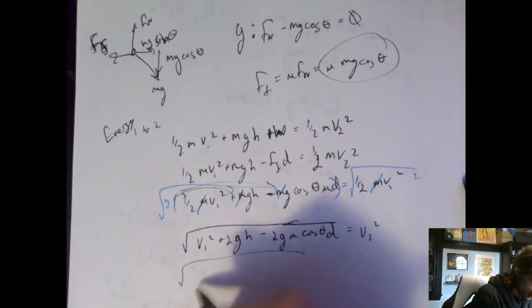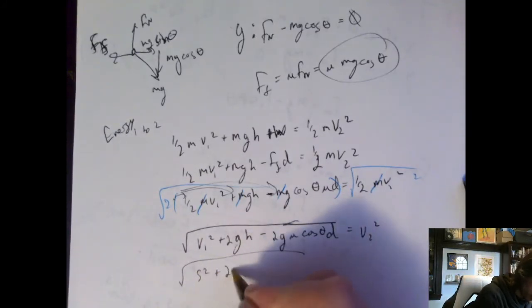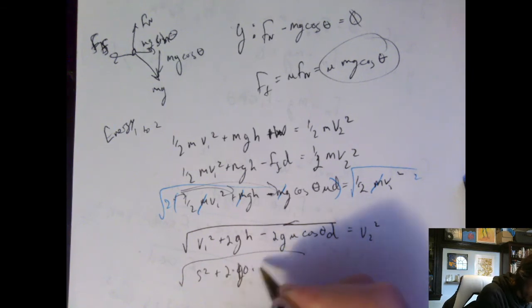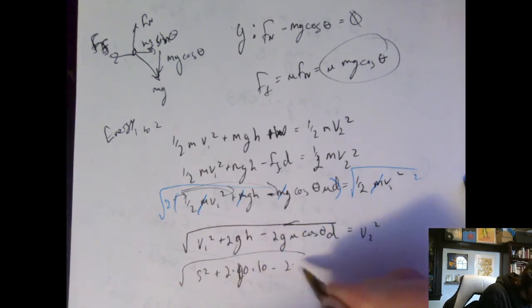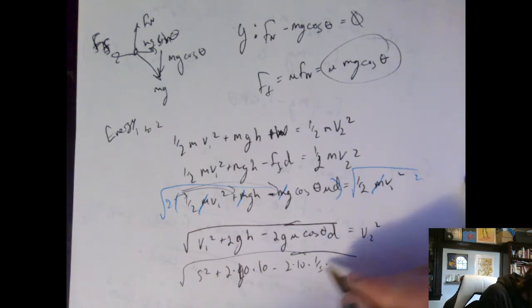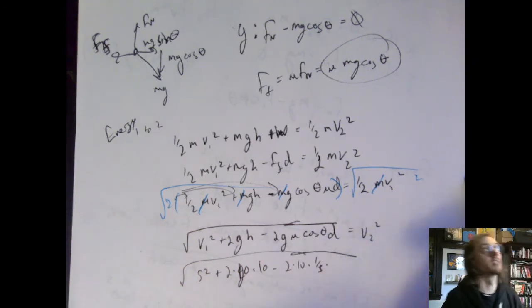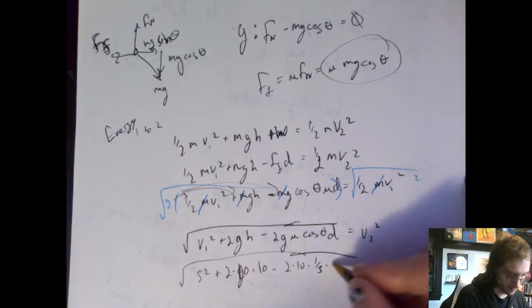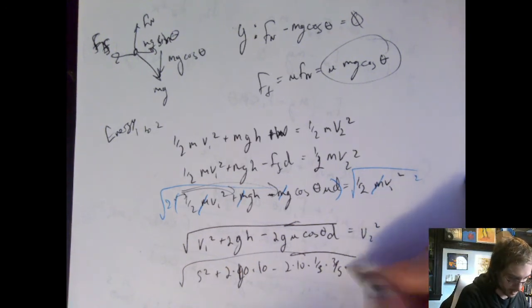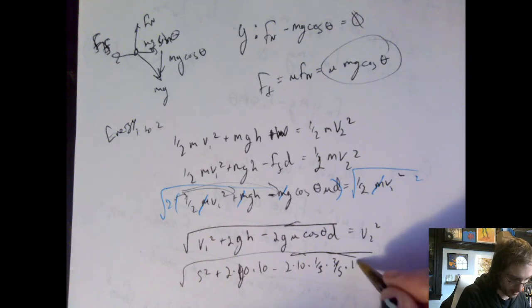So we've got root 5 squared plus 2 times 10 times 10 minus 2 times 10 times 1/5 times cosine, 37 is the close one, so 3/5, times distance, which is 15.